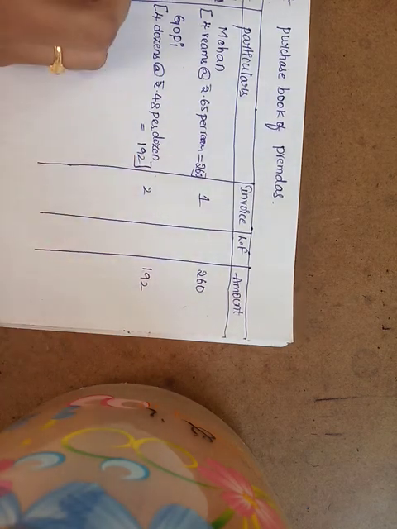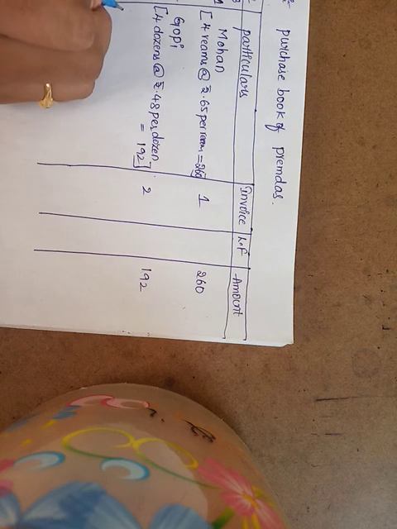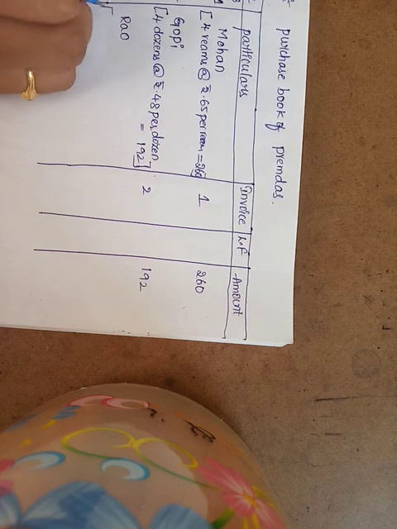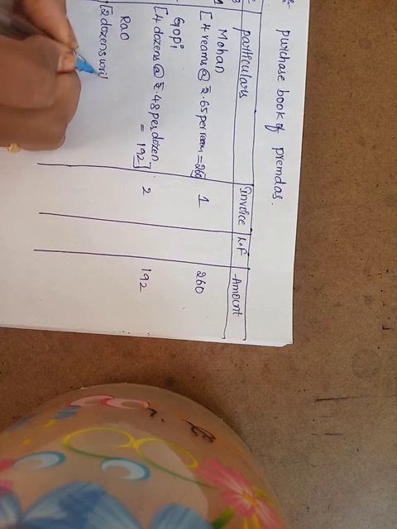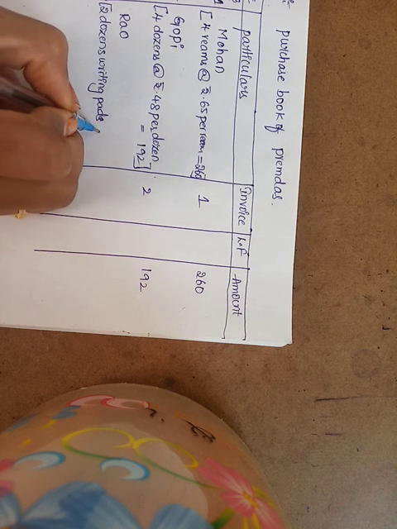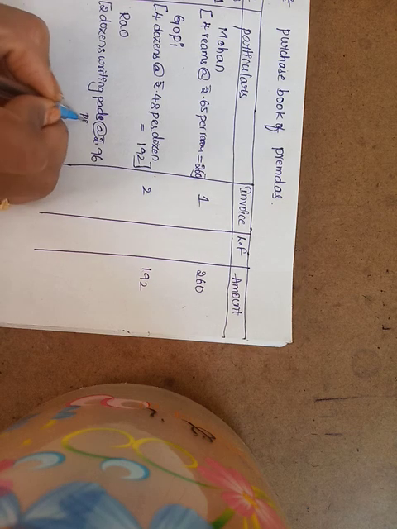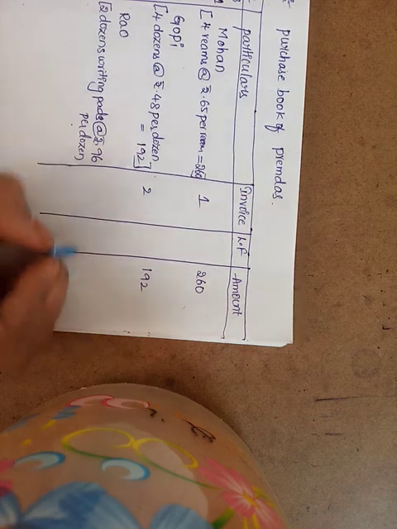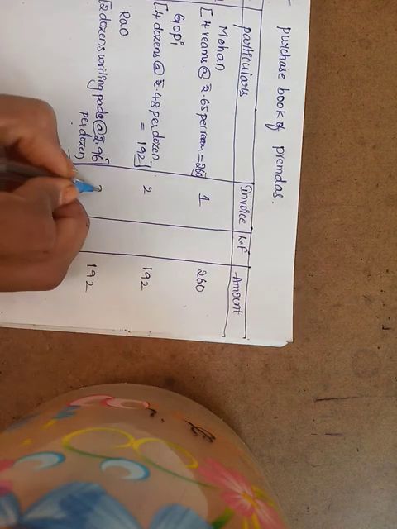Invoice number is 2. Next on January 3rd, purchased from Rao, 2 dozens writing pads at the rate of rupees 96 per dozen. So 2 into 96 is 192.